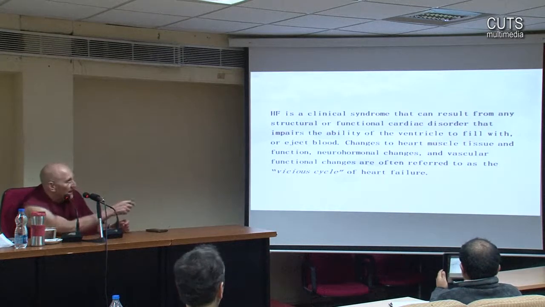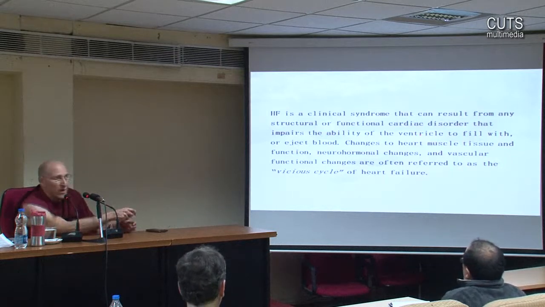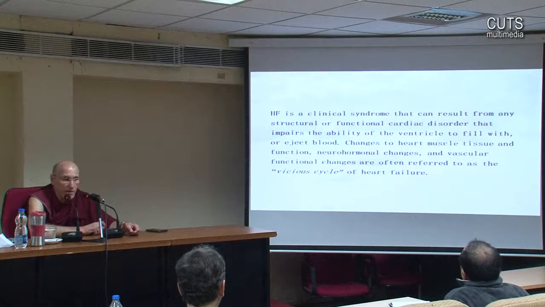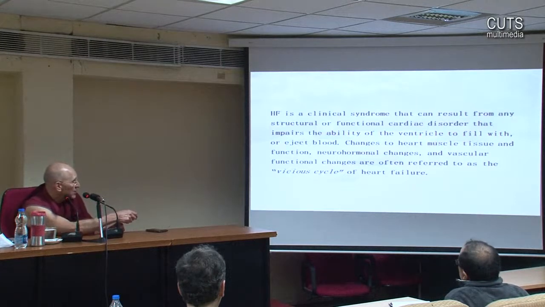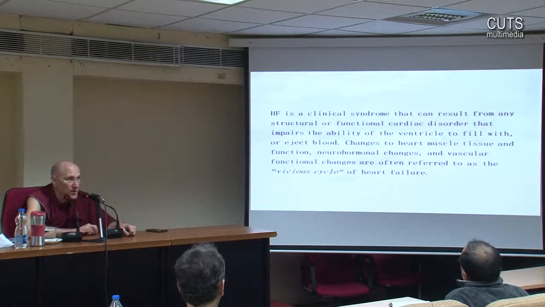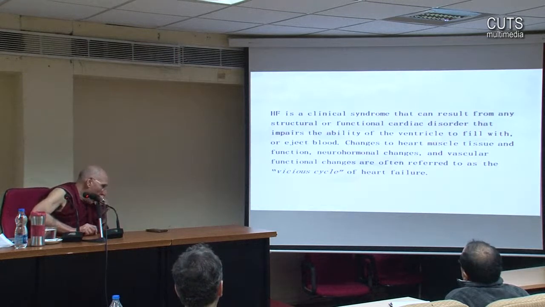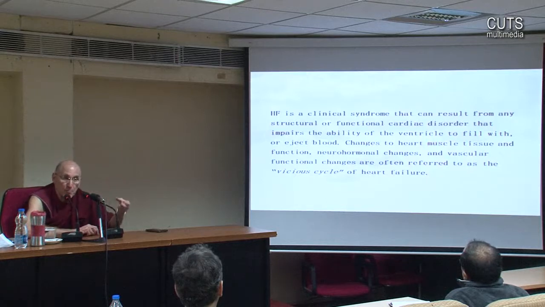But here it's saying that the ability of the ventricle to fill with blood, or eject, pump it out, is impaired. So the ventricle is either not getting the blood or not able to push it out, pump it out, eject it.